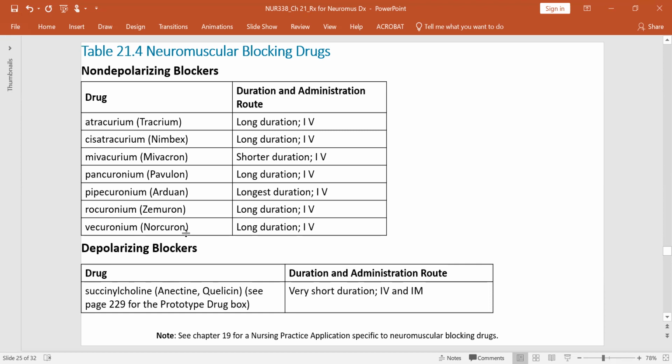That will lead to continuous relaxation of the muscle, as if it's being paralyzed. The classic example of that is pancuronium.